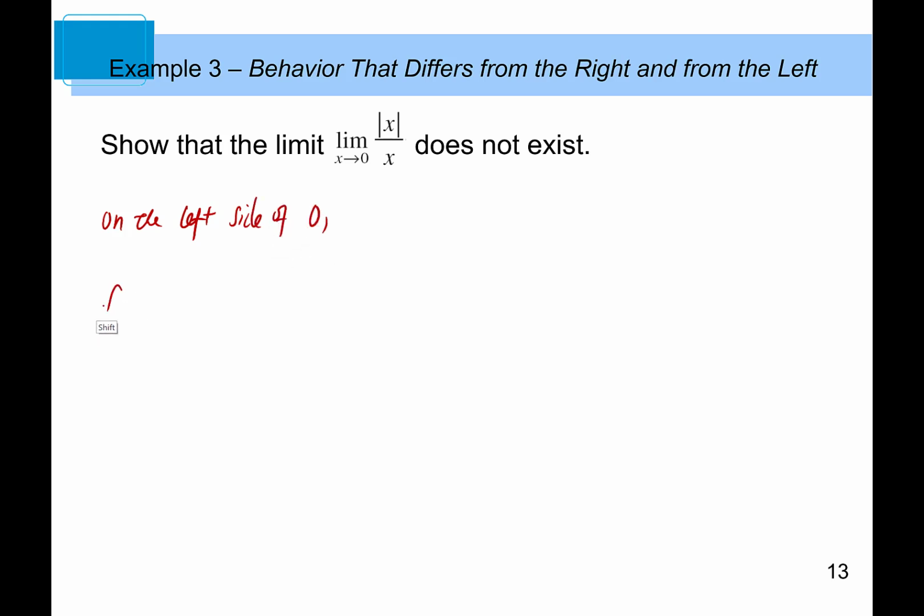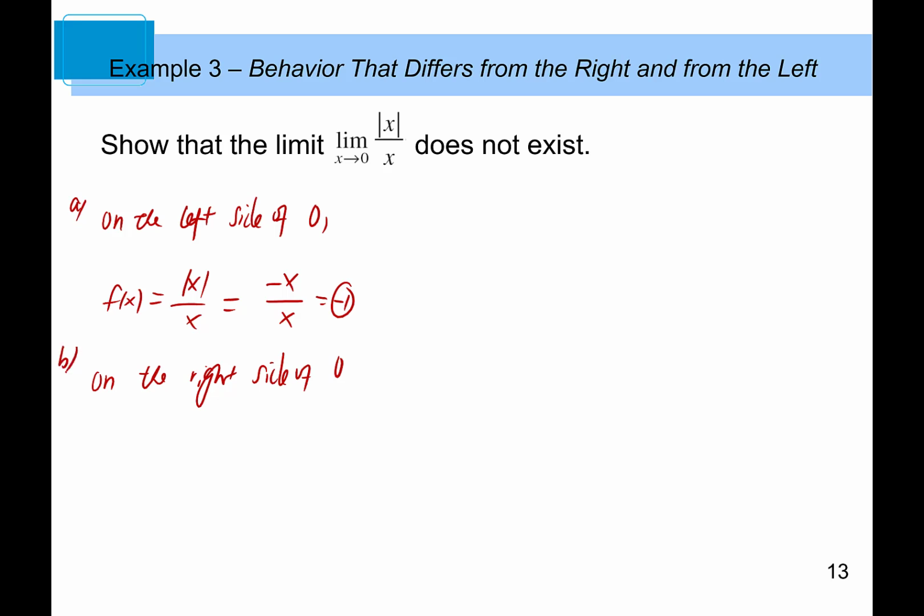our function f of x is going to be equal to absolute value of x over x. Since on the left-hand side of 0, x is negative, so you get rid of the absolute value, you get negative x over x, which is negative 1. On the right-hand side of 0, x is positive, so you get rid of the absolute value.